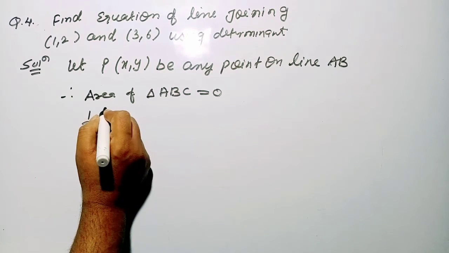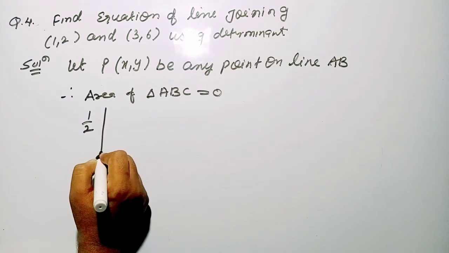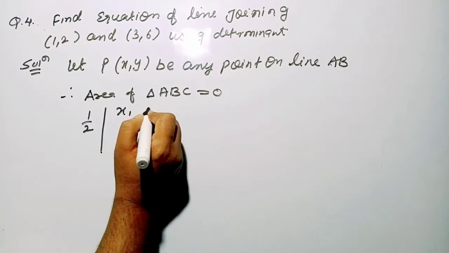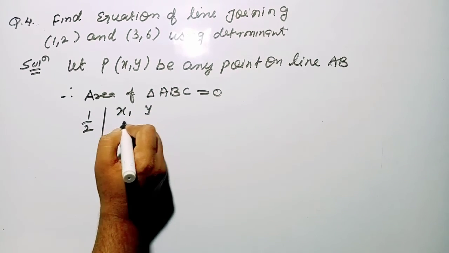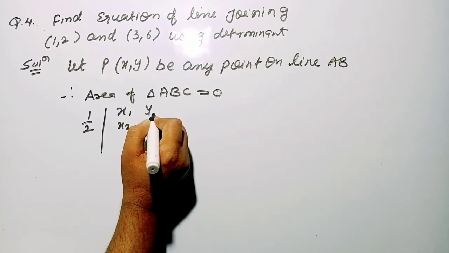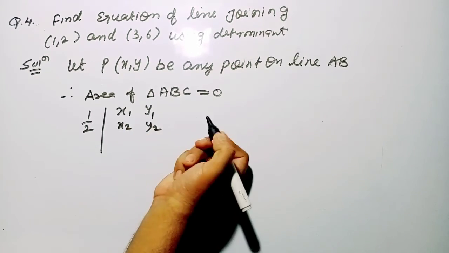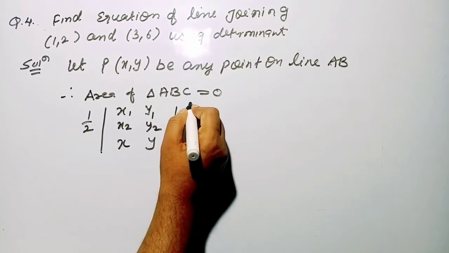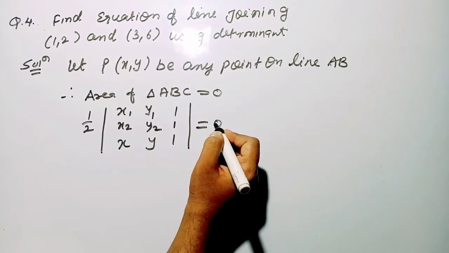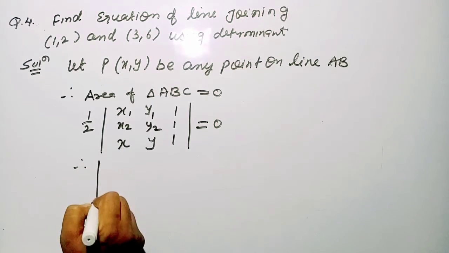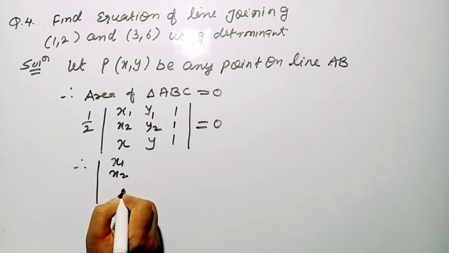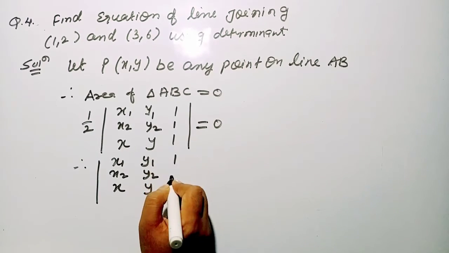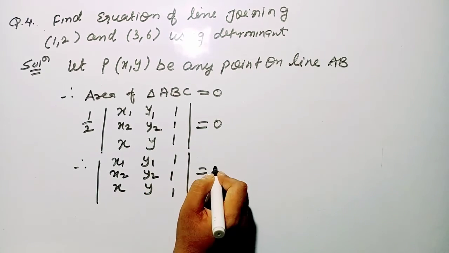So 1 by 2, in the first column we can write x1 y1 1, x2 y2 1, and x y 1, and this will be 0. Now we just have to substitute the values of x1 x2 and y1 y2, right? So in a very simple way this determinant will be 0.